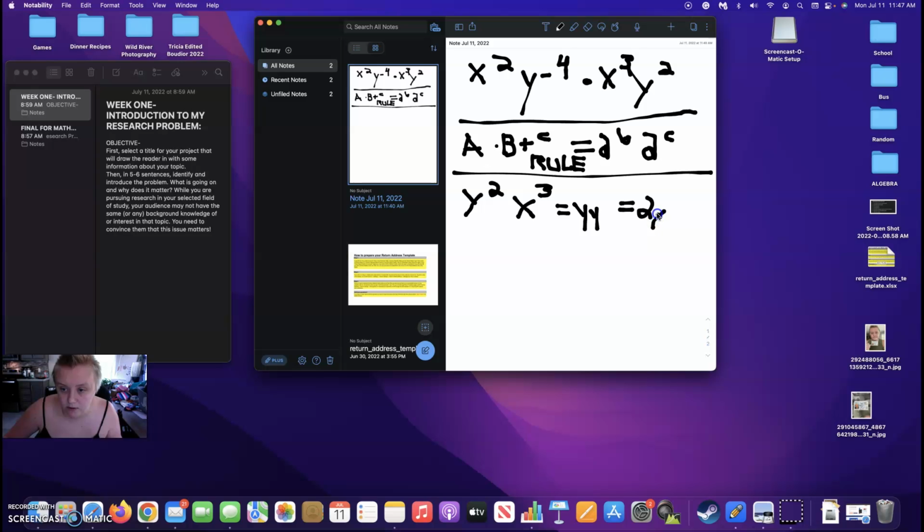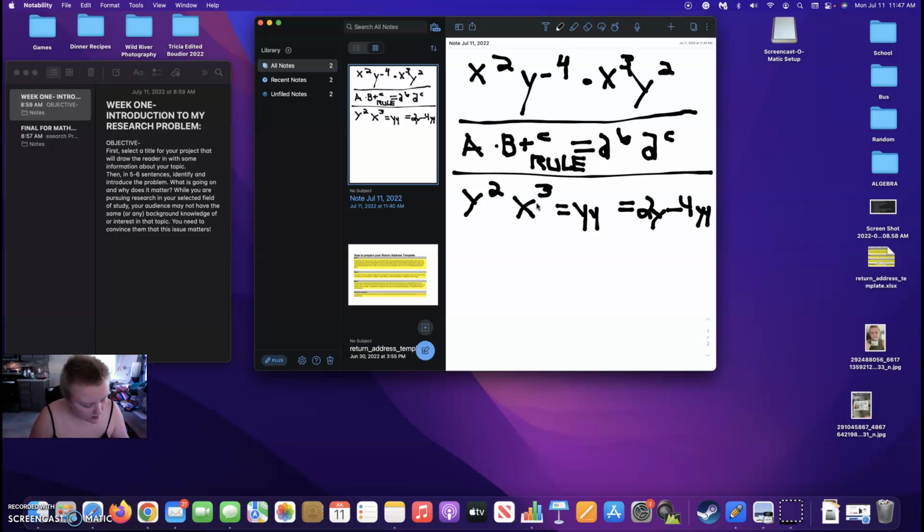When breaking it down, it was 2y minus 4yy. Basically, it's saying you got y squared, which equals yy. You can count the x, obviously, to the third, but y squared times x to the third equals yy, so I took 2y, just switched those around, minus 4yy, including the x to the third.